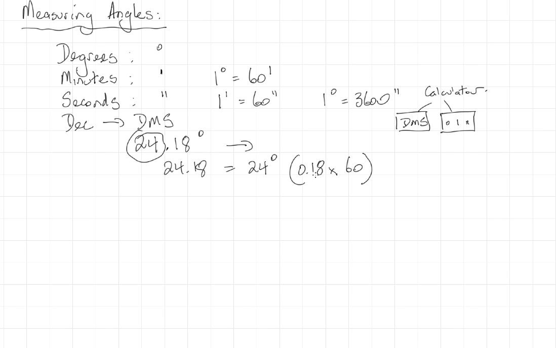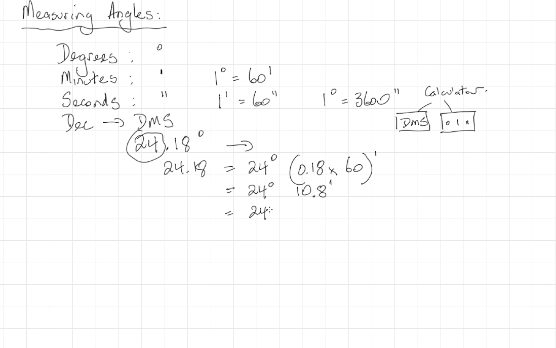That is the decimal of a degree, so if we multiply by 60, that will give us our answer in minutes. So that'll be 24 degrees, and when we multiply that by 60, we get 10.8, so that'll be 10.8 minutes. So there are 10 whole minutes and 0.8 of a minute.